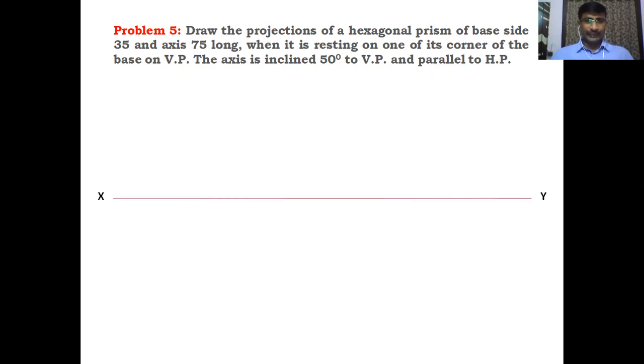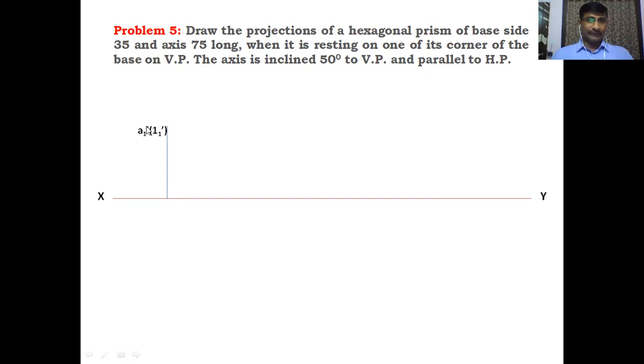First, draw the XY line. This is the XY line. Draw a vertical line, one perpendicular to the XY line. On that perpendicular line, locate any point, that is the point of the base. Two points will be located in the prism, because the prism has two bases: one is the lettered base corner and another is the numbered base corner.